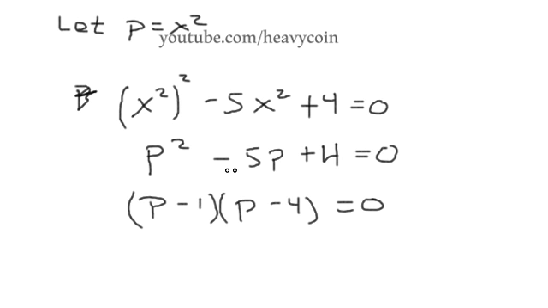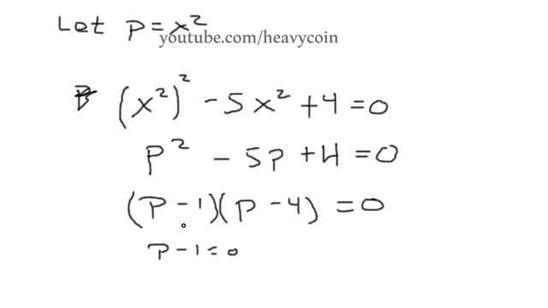Instead of having to use the quadratic equation, we're just going to factor and see if this works. p times p is p squared. You've got negative 4p minus p, so it's going to be negative 5p. And then negative 1 times negative 4 is positive 4. So that factors.